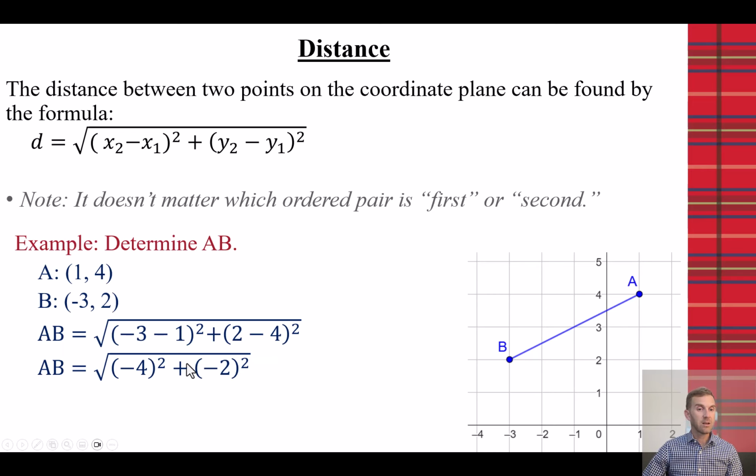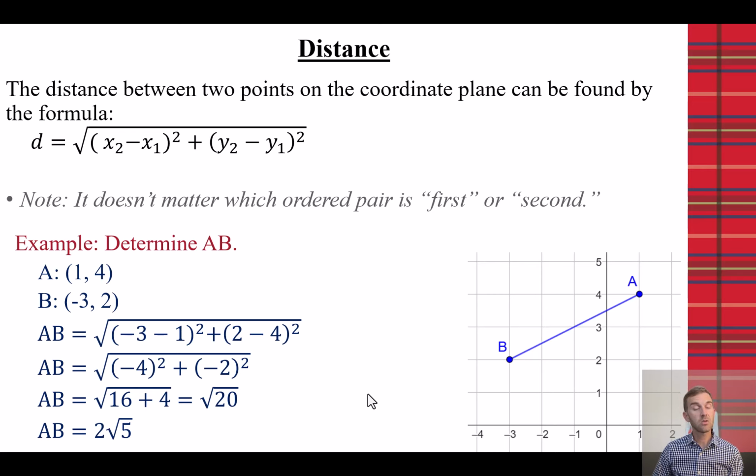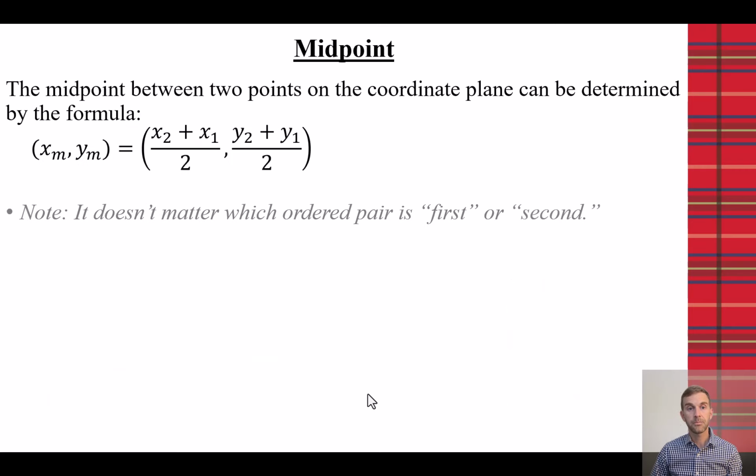So we know that negative 4 times negative 4 gives us positive 16. So it's important to have those parentheses there to get our proper numbers. That'll simplify to the square root of 20, and we want to make sure we simplify our radicals, and that'll be 2 square root of 5.